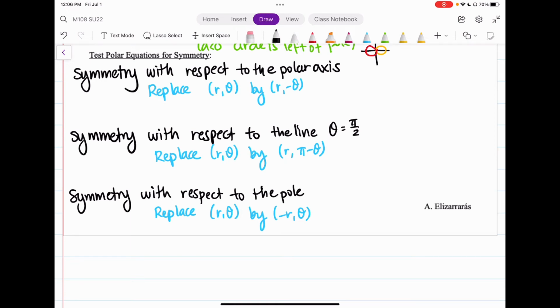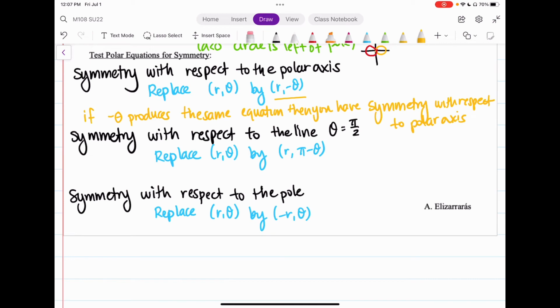Remember, using rectangular coordinates, if we had f of negative x and we got f of x, if we plugged in the opposite of x and we got the original function back, that was even. If we plugged in the opposite of x into the equation and we got back the negative function, that was odd. So when you're testing for symmetry, you are replacing by the second thing. So we're talking about r, negative theta. So you're plugging in negative theta, and if you get the original equation when you plug in negative theta, then you have symmetry with respect to the polar axis.